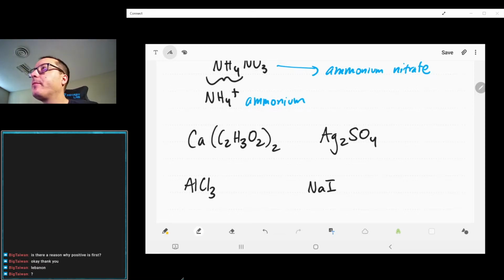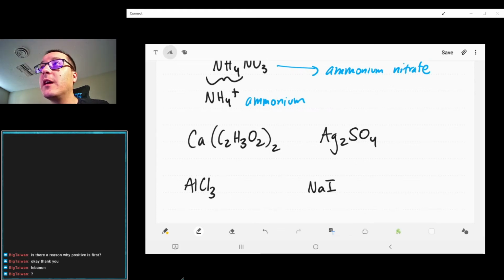Okay. So here's a couple of compounds. Ionic compounds, of course. We can identify the fact that they're ionic because we see that each of these has a metal in it. And then we can see that we also have either polyatomic ions or nonmetals.